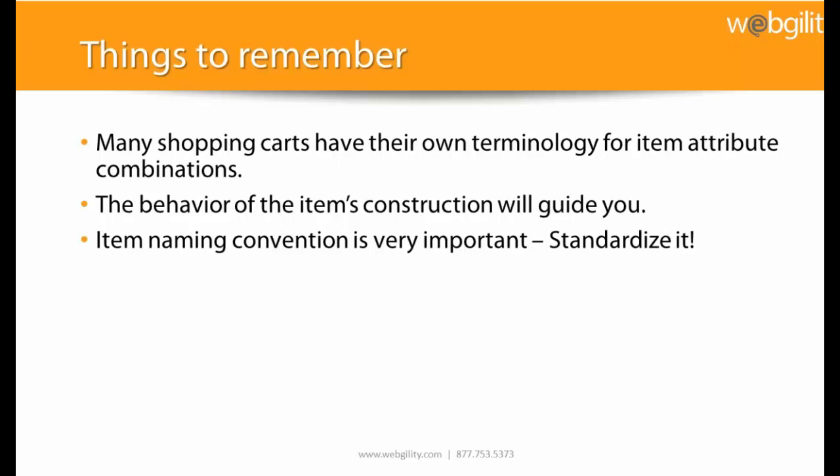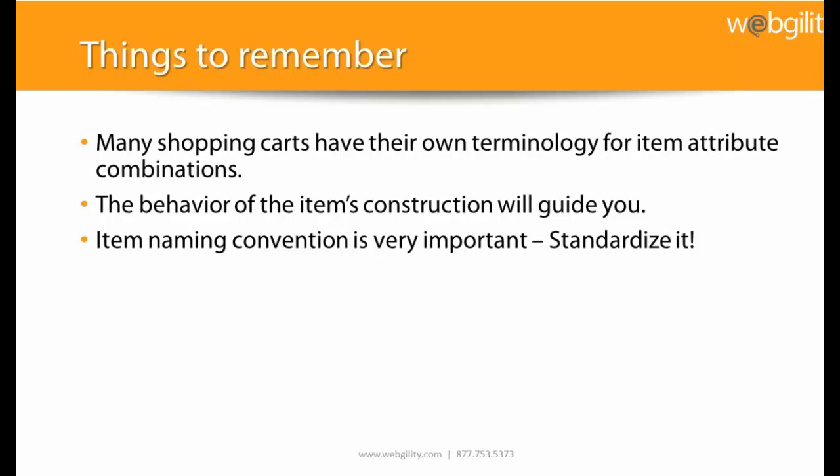But things to remember. Many shopping carts have their own terminology for item attribute combinations. So a variation in WooCommerce behaves the same way as an option in BigCommerce. So that's why at the beginning of the presentation I was like, let's not call them definitions. Let's call them behaviors.